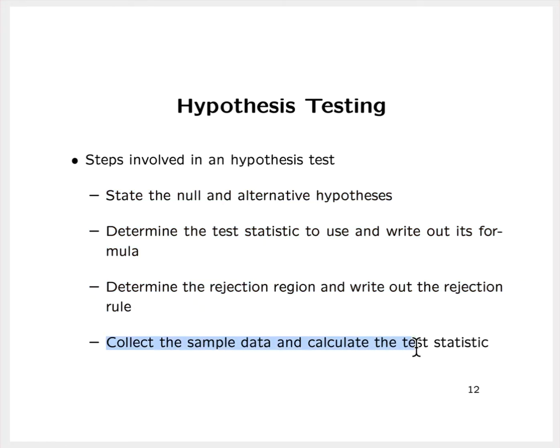So that's the fourth step. We collect the sample data and calculate the test statistic. So in other words, we perform the experiment, whether it is sampling populations or performing the designed experiment. We have to do that and then measure the data, collect the data that we'll use. And then once we have that data, we calculate the value of the test statistic.